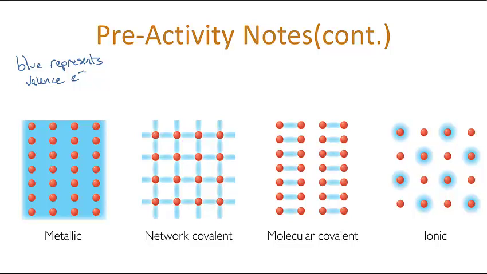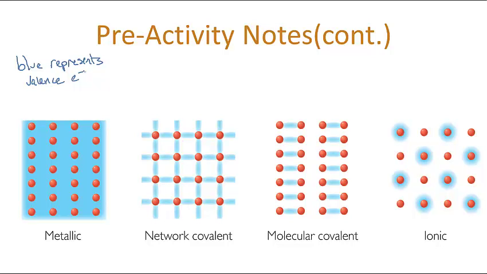Well, here's why. Metallic bonding, we have the valence electrons in a sea attracted to each of the individual nuclei of the atoms. Network covalent, we have electrons shared between two nuclei. Molecular covalent, we have electrons shared between individual atoms.